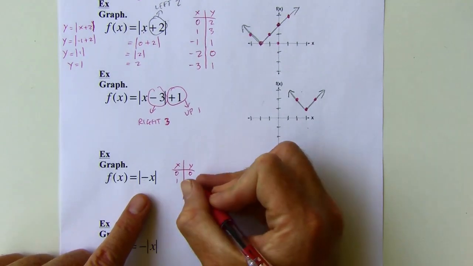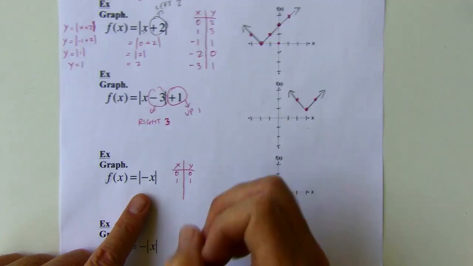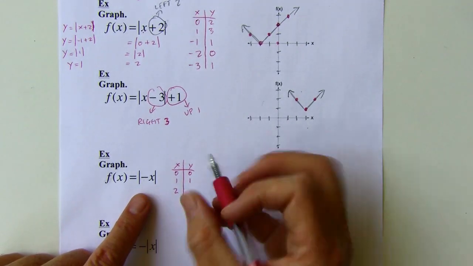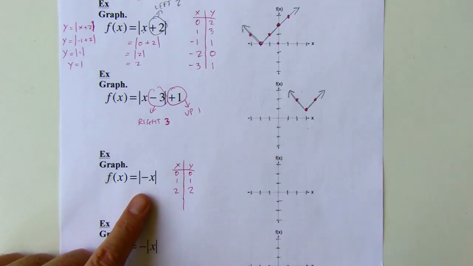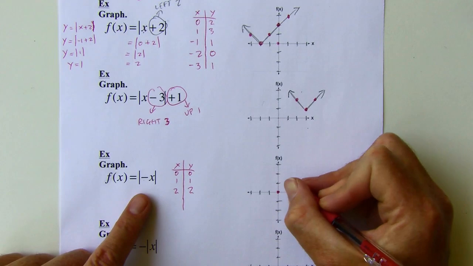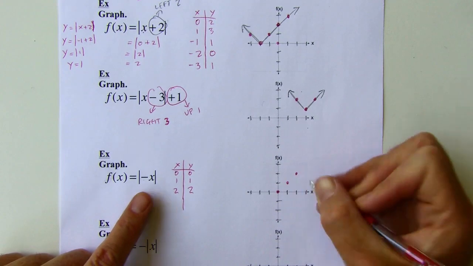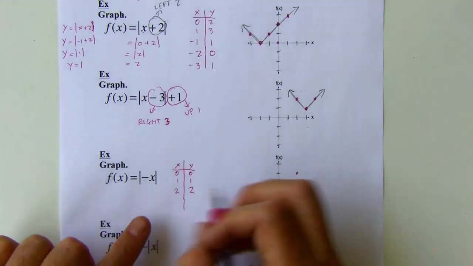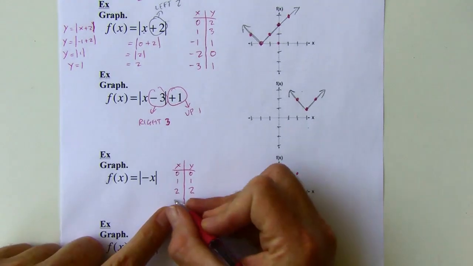Absolute value of negative 1 is positive 1. When I put in a 2, absolute value of negative 2 is positive 2. So far it seems like maybe it's just going to open up like the original one. Well, let's try some negatives.